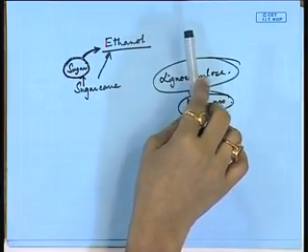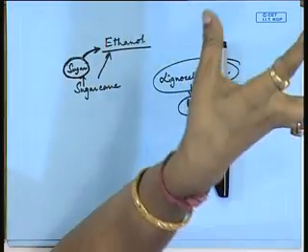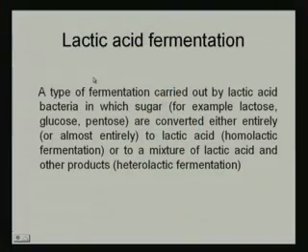Now, that is one product, ethanol, which is produced from the fermentation system. Another example I would like to give you is lactic acid fermentation. This is a type of fermentation carried out by lactic acid bacteria, in which sugars, for example lactose, glucose or any pentose sugars, are converted either entirely or almost entirely to lactic acid.